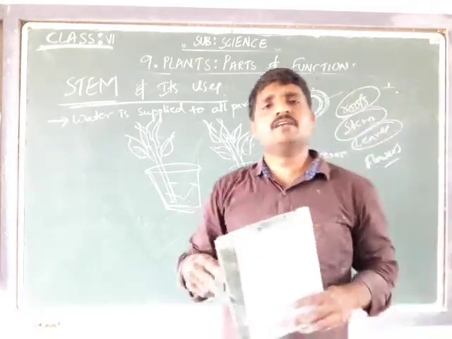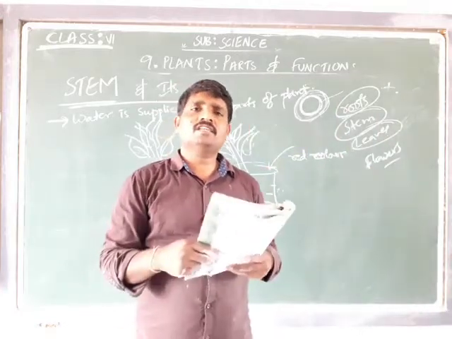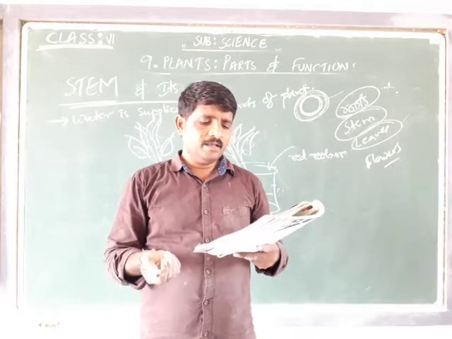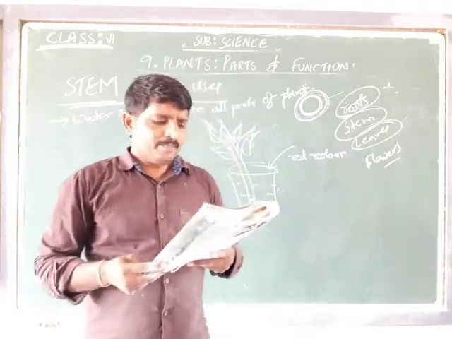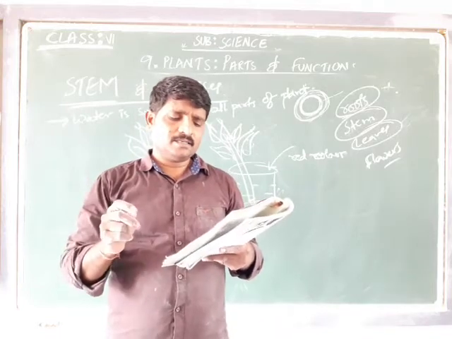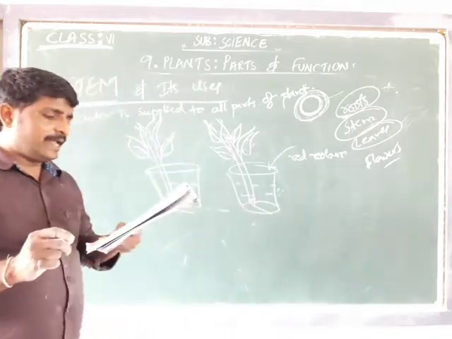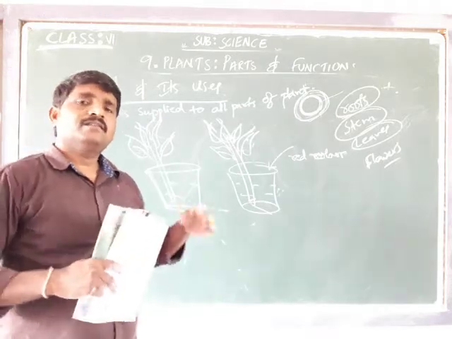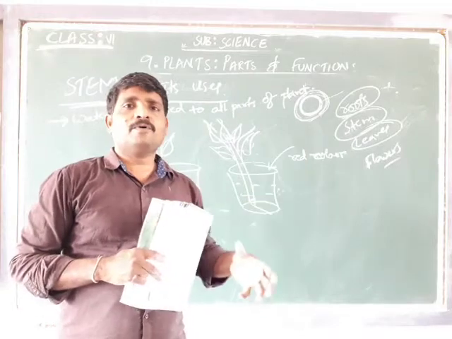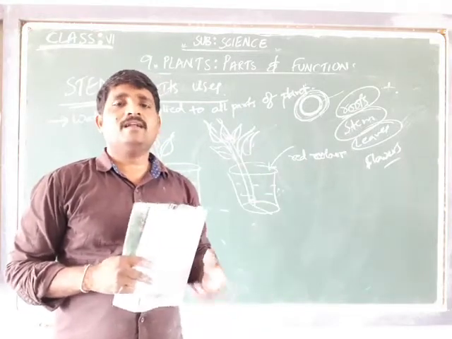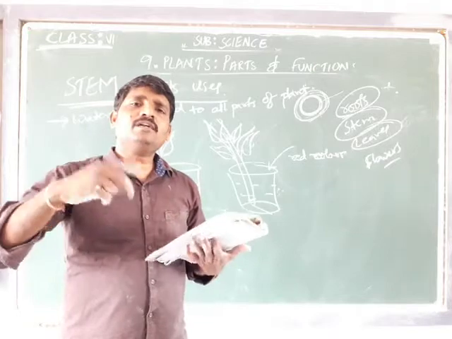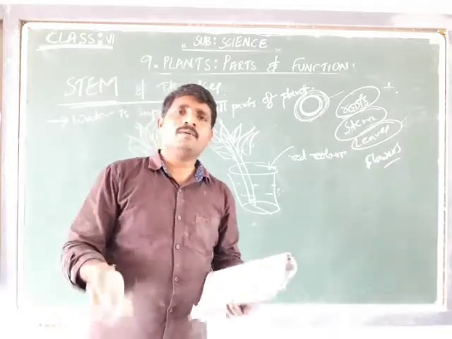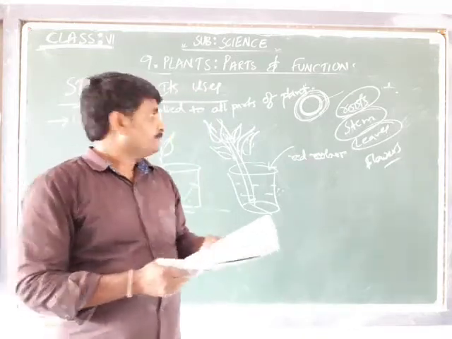For example, while the stem usually supports the plant body, in some plants the stem is used to store food. Depending on the conditions, the plant adapts accordingly. Okay, this is our glance.